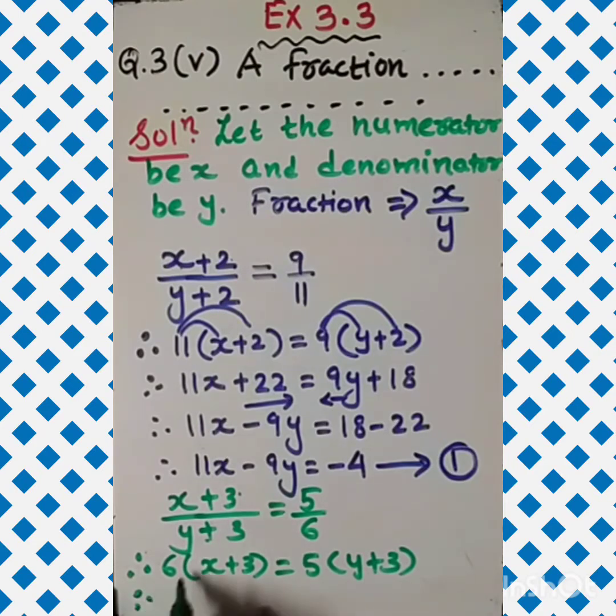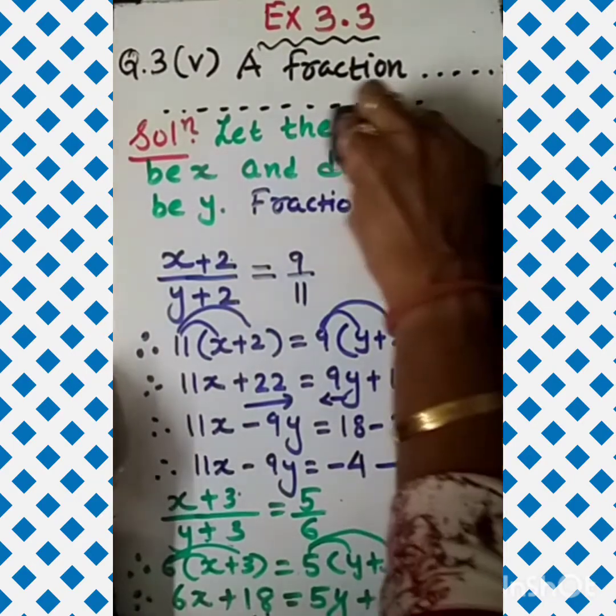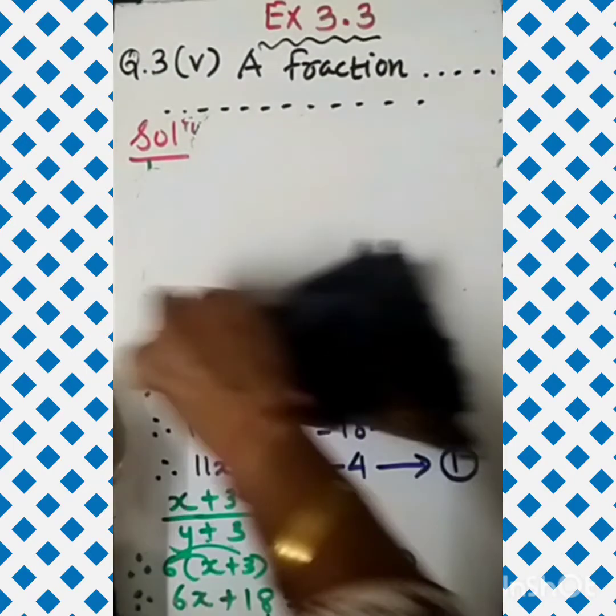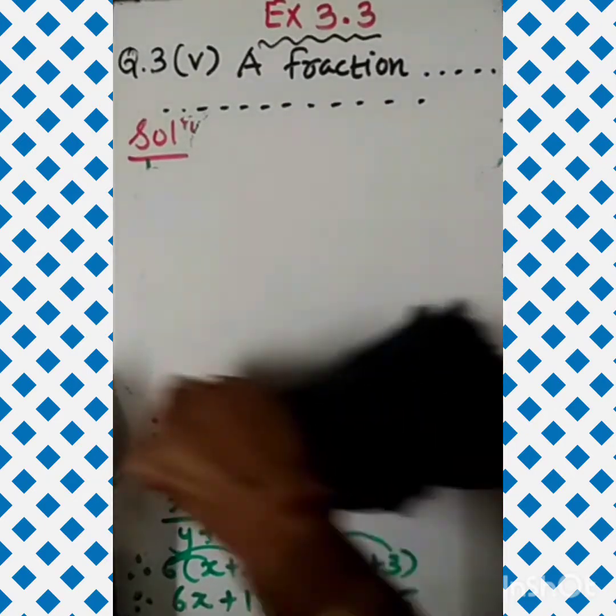Therefore, 6 into x gives the result 6x plus 6 into 3, 18. 5 into y, that is 5y plus 5 threes are 15. Fine. Now let's simplify it. We need to work on the second equation now. Let's see what the simple form of this equation will become.